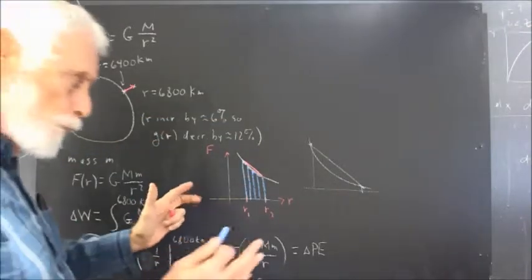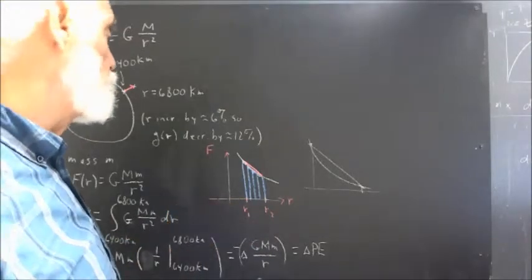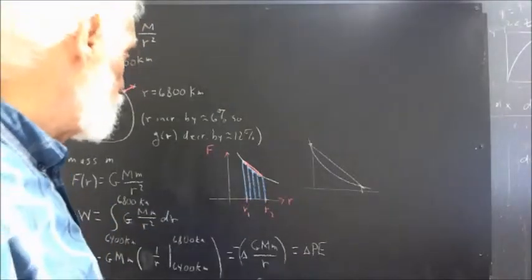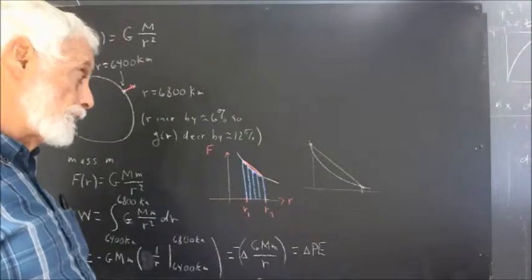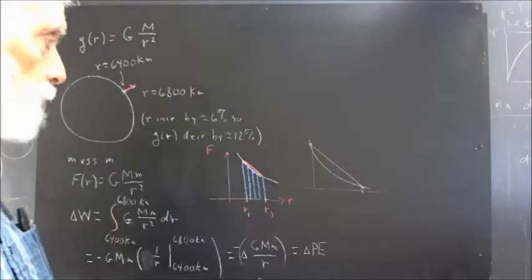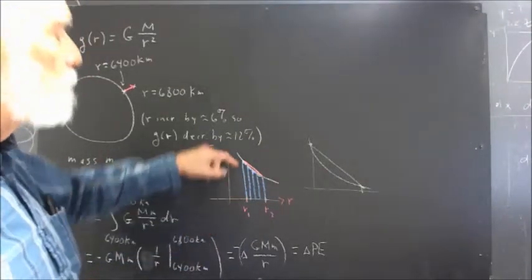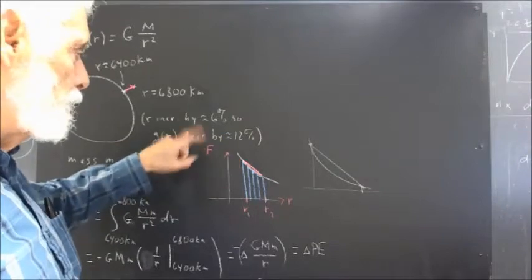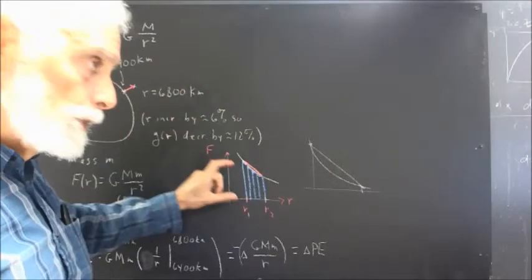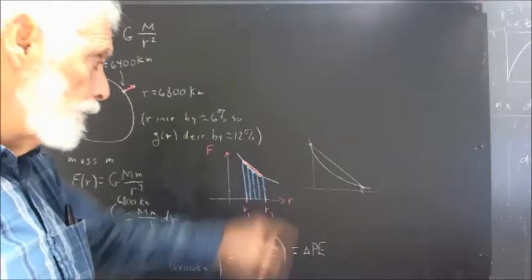As the width of the trapezoids approaches 0, and of course the number of trapezoids approaches infinity, we get a perfect match, meaning that the total work done is equal to the area under the curve.